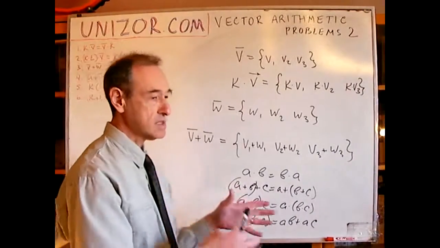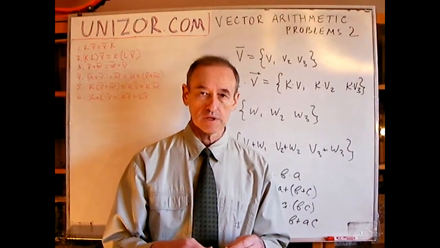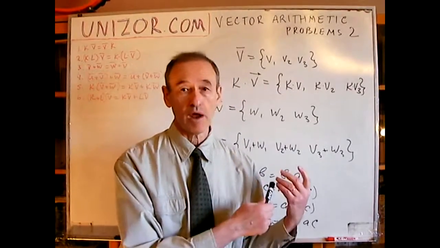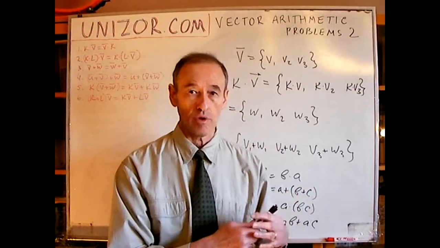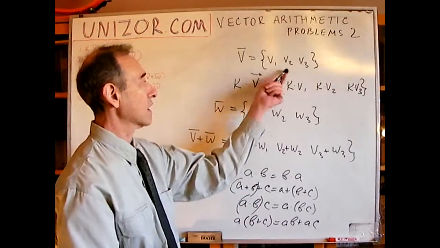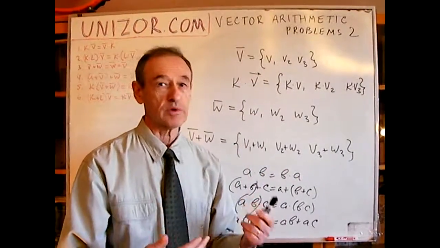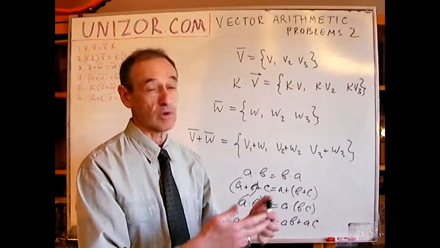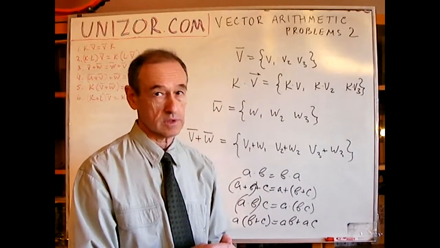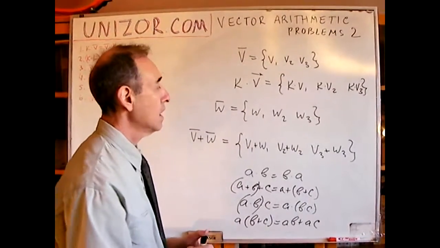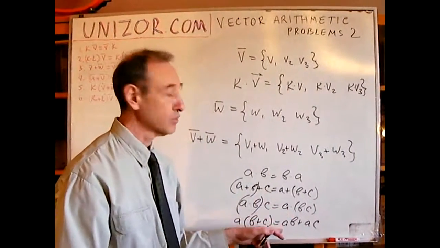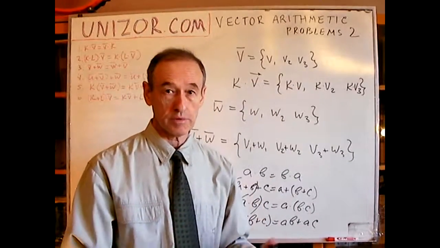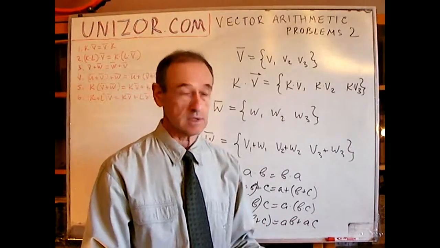These very nice properties of multiplication and addition of numbers can be very easily extended towards vectors, because what is a vector? It's just, in a tuple representation, an ordered set of 2, 3, or maybe even more numbers depending on the dimensionality of the vector. So if something is true for one number, why can't it be true for a group of 2 or 3 numbers, right? And yes, indeed this is true.